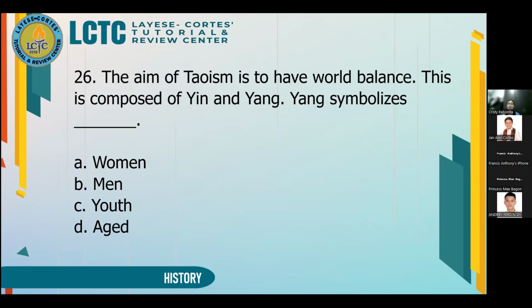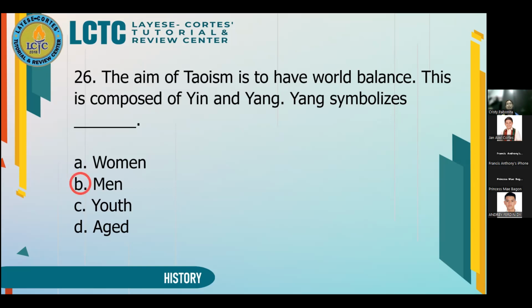Okay, Korea, ma'am. China, ma'am. China, okay. So this is composed of yin and yang. So yang symbolizes, what is yang? Isn't it the circle divided into white and black? So what is yang, or the dark?